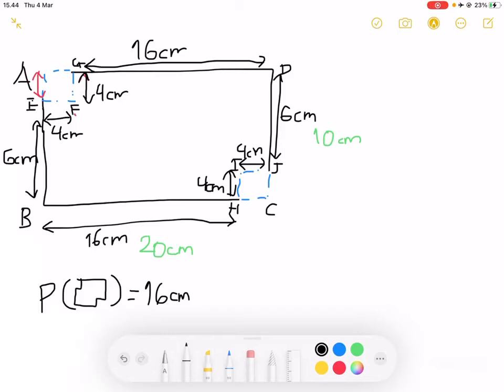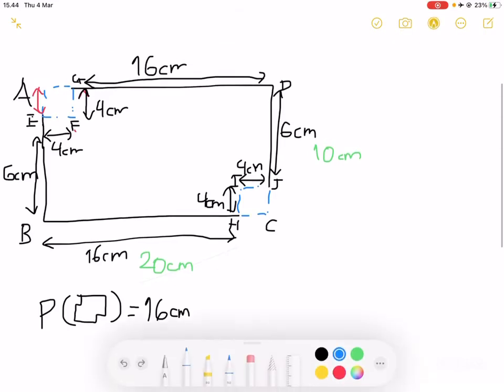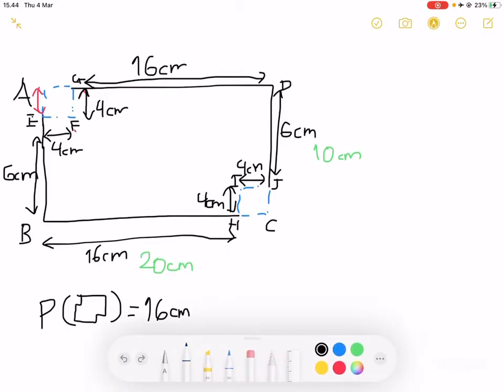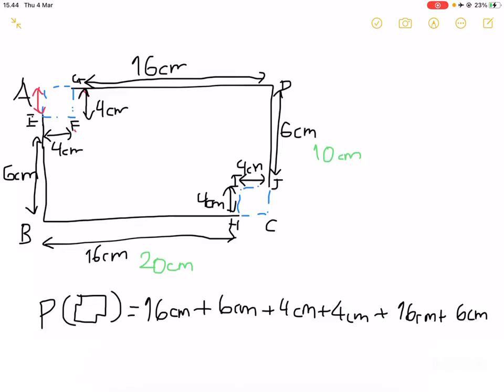You can add things clockwise or anti-clockwise, so you wouldn't miss some sides out. So 16 centimeters plus 6 centimeters plus 4 centimeters plus 4 centimeters plus 16 centimeters plus 6 centimeters plus 4 centimeters plus 4 centimeters.